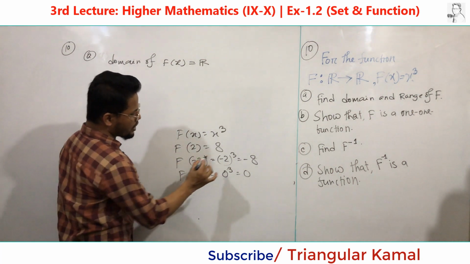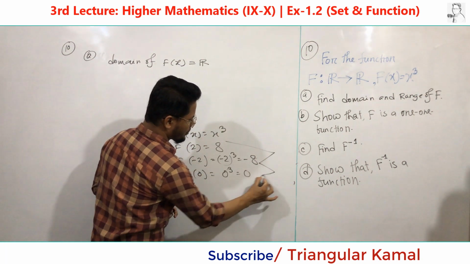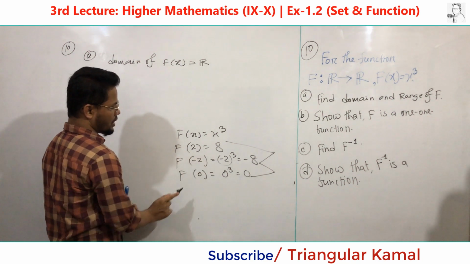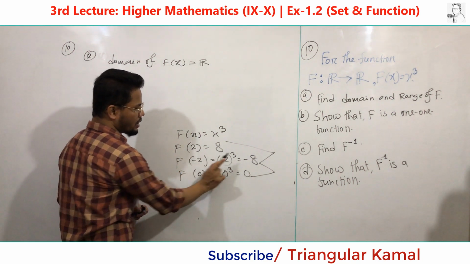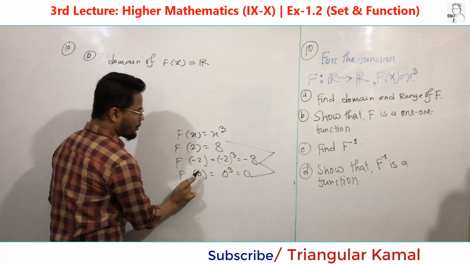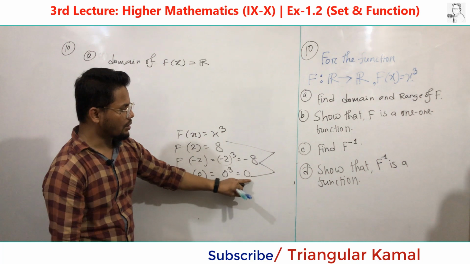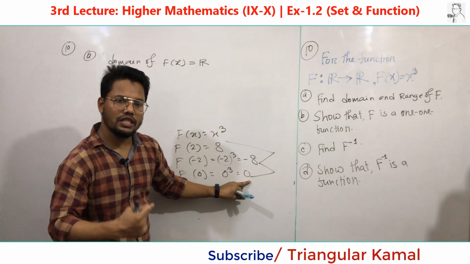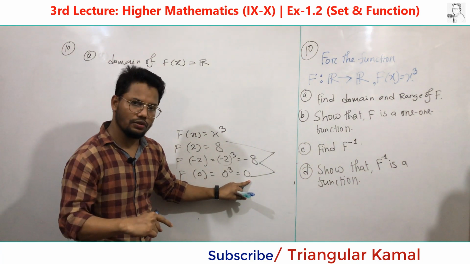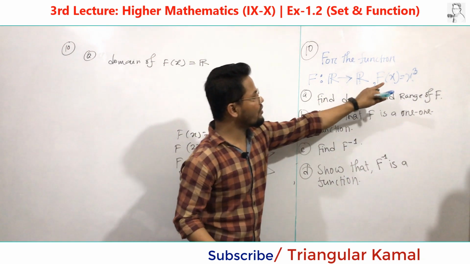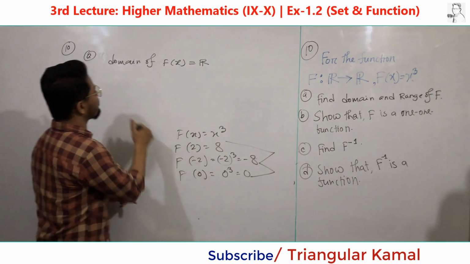So give attention to the outcome. If we apply a positive number, it gives a positive number. If we apply a negative number, it will give a negative number. If we apply 0, the answer will be 0. So all outcomes will be maybe positive, maybe negative or 0. So outcomes may be positive, negative, 0, meaning the range of the function is also real numbers.